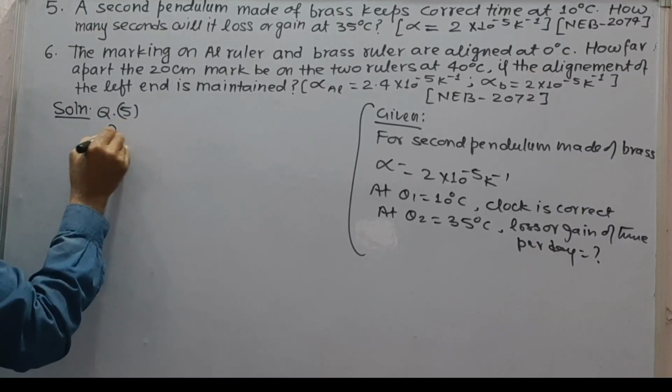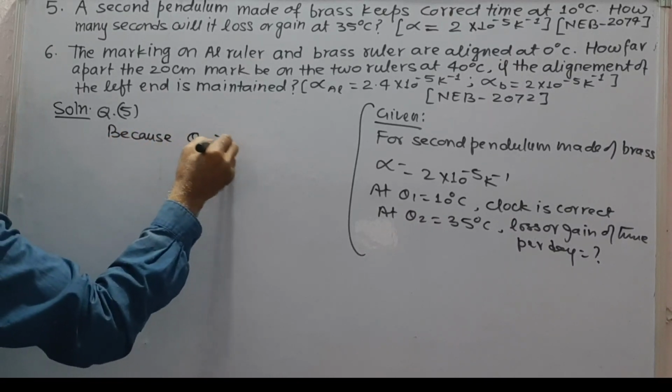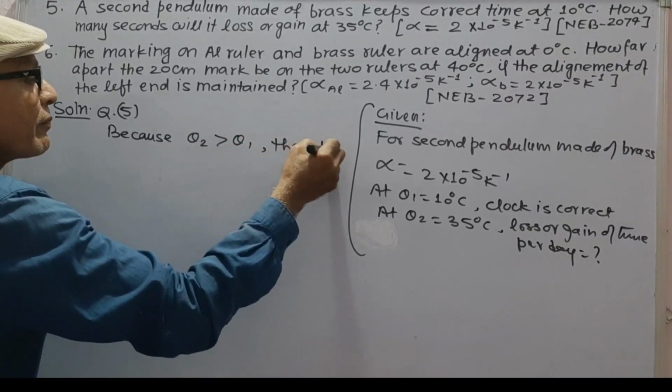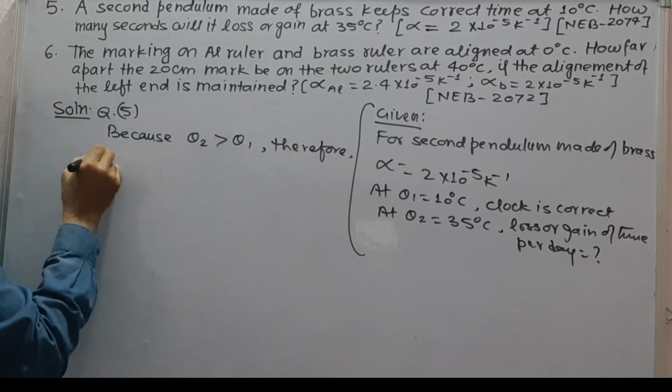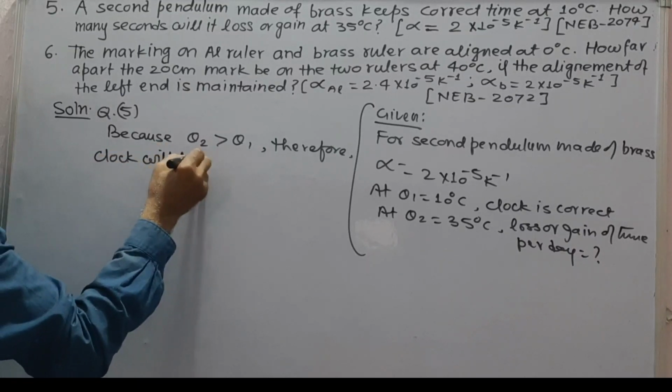Solution: because theta 2 is greater than theta 1, therefore clock will lose time.